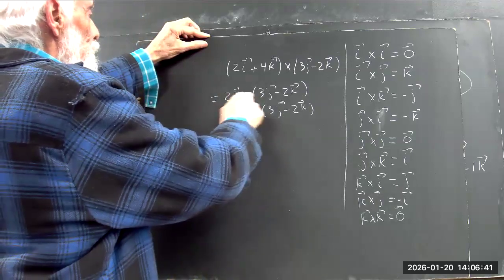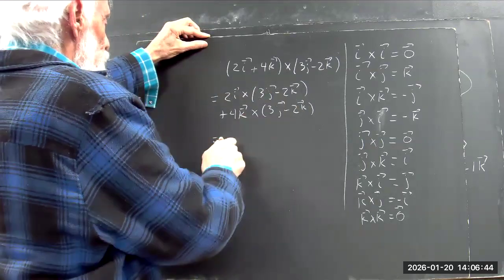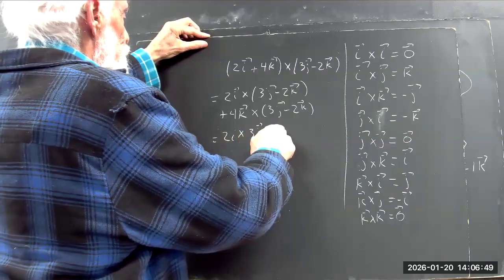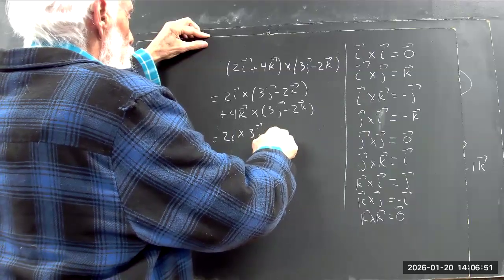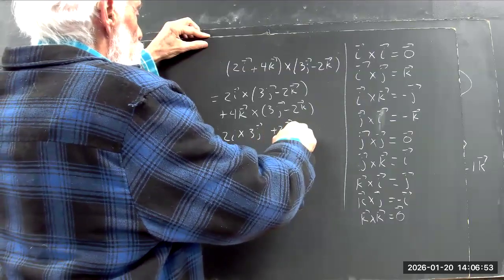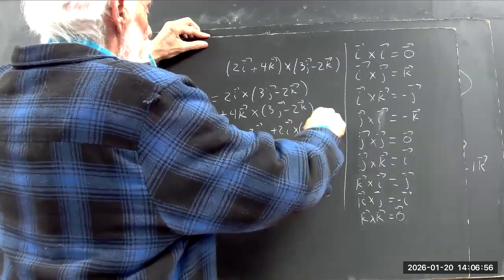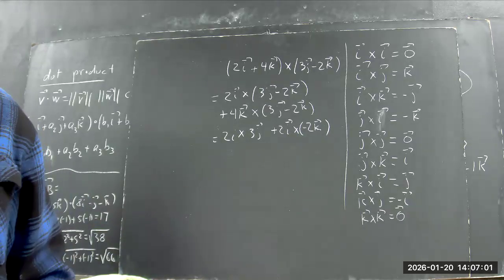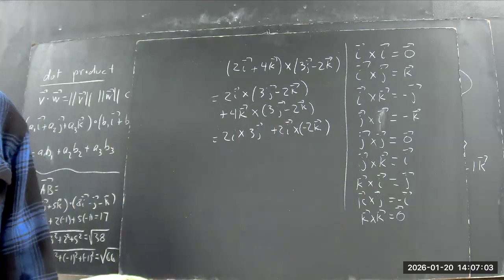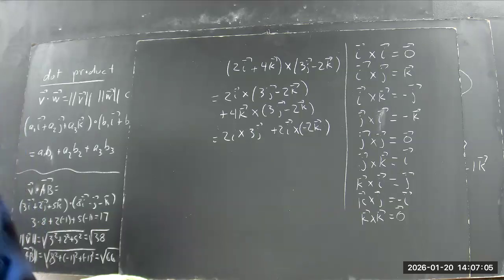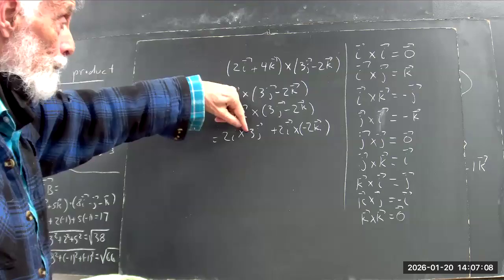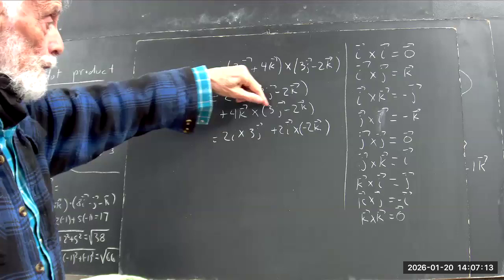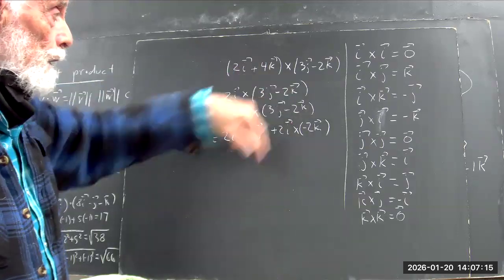So I've got 2I cross 3J, 2I cross negative 2K, 4K cross 3J, 4K cross negative 2K. All right, that makes sense? Just simple distributive law.